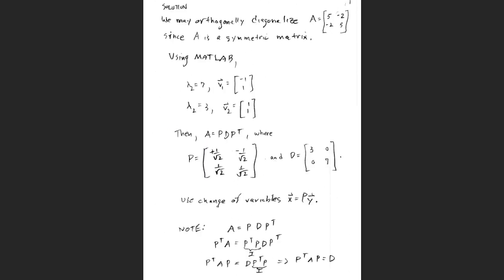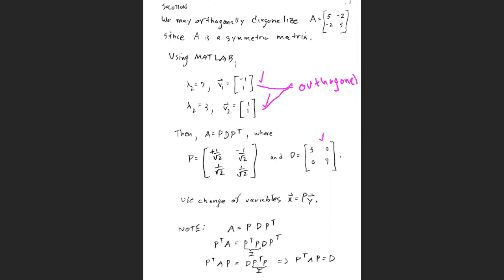Okay, here we go. So we have a symmetric matrix. With MATLAB, we get our eigenvalues and eigenvectors. And now we can construct the matrix D that has eigenvalues 3 and 7, and we can construct our orthogonal matrix P. Notice these eigenvectors are orthogonal, right?